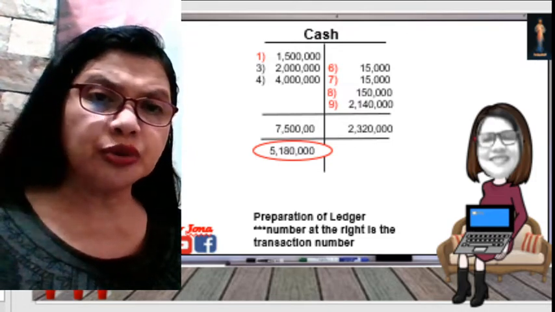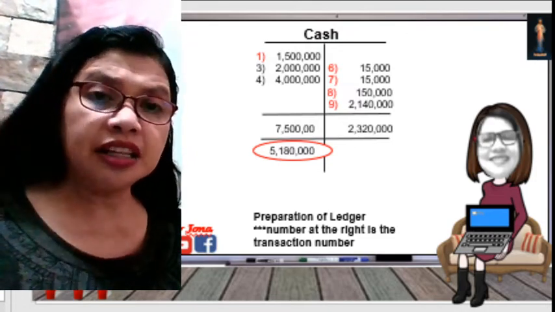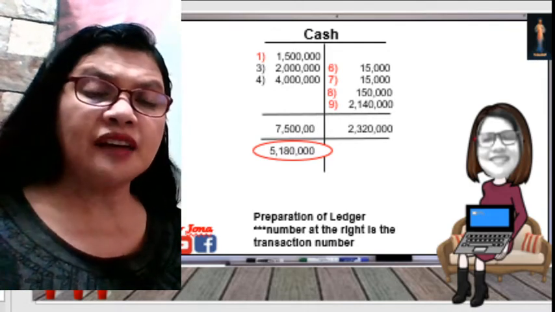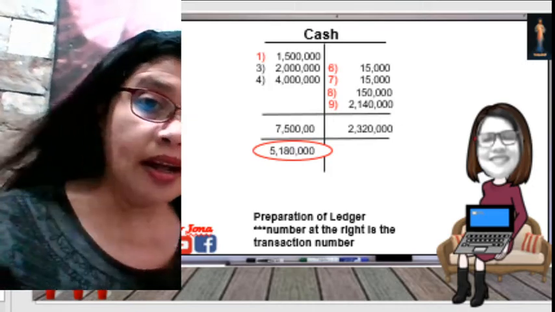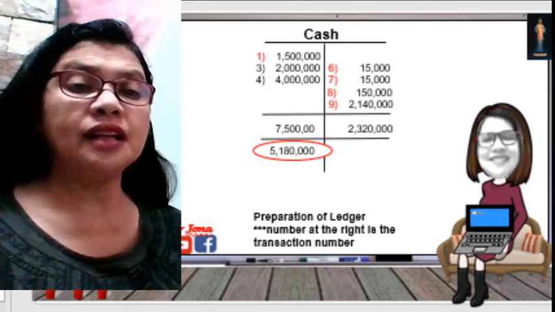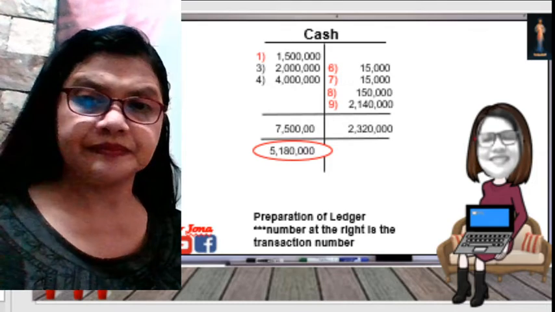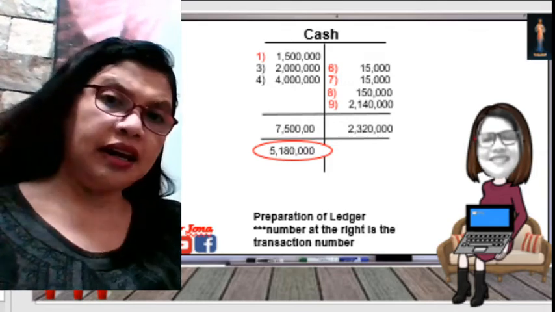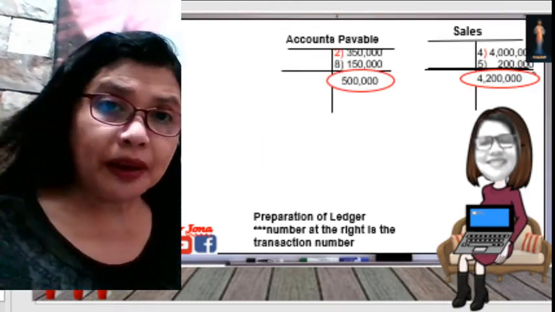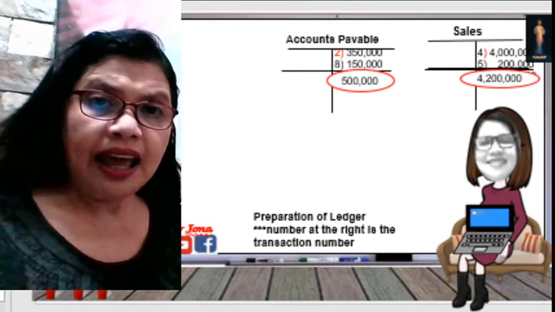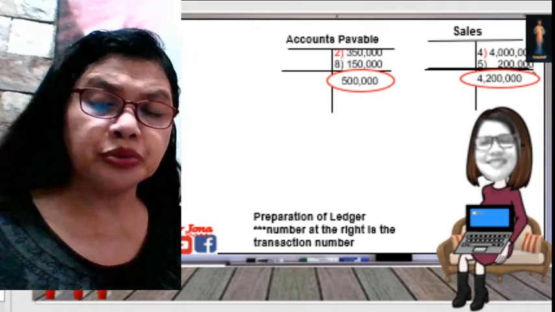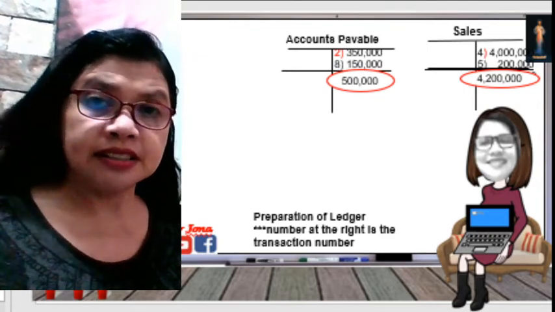If we get the total of the debits and deduct the total of credits, we have a total debit balance of 5,180,000. Then we have the accounts payable with a 500,000 balance, and the sales with 4.2 million.